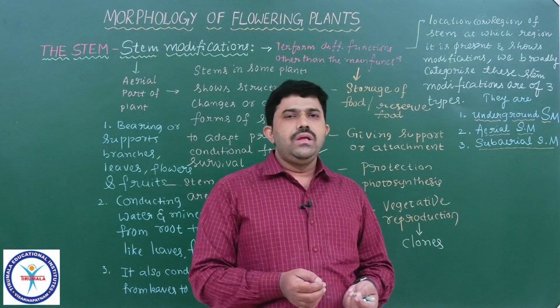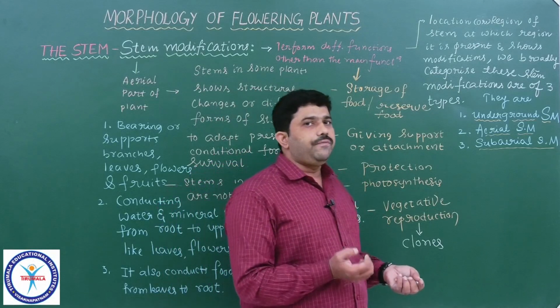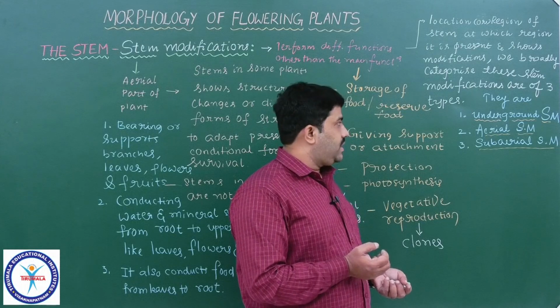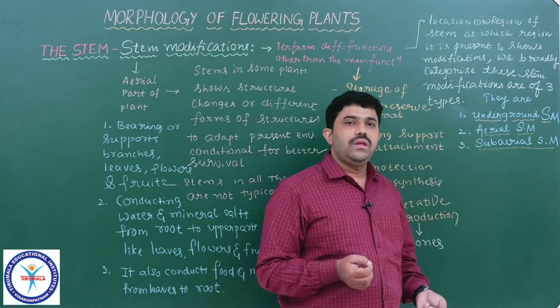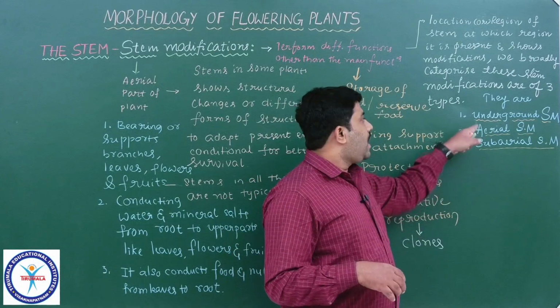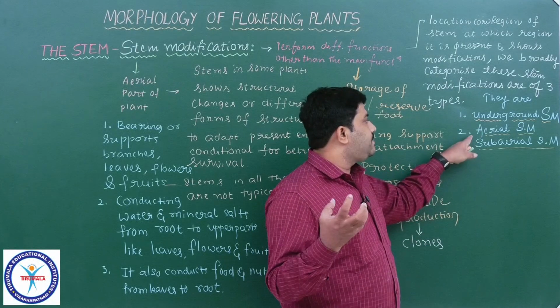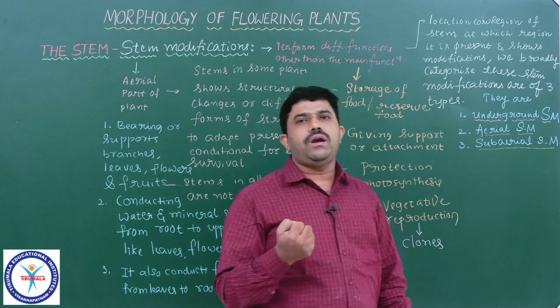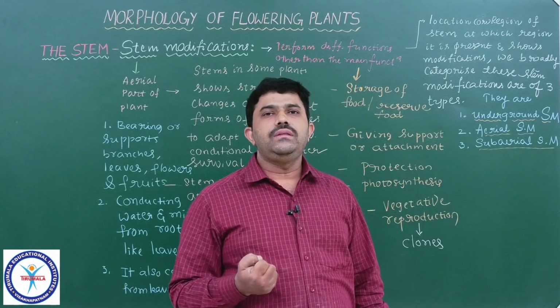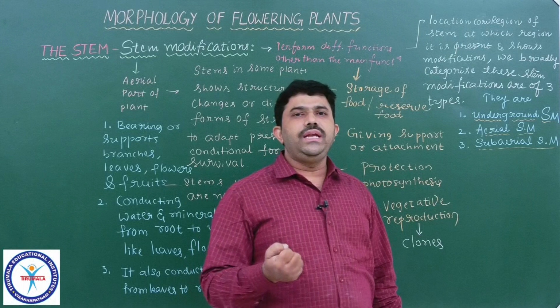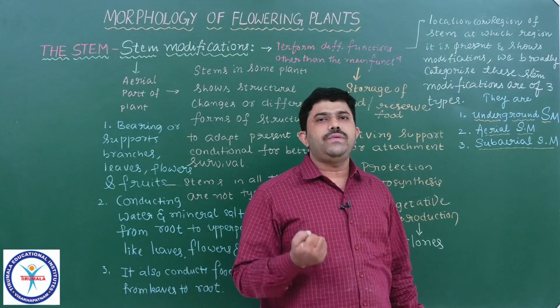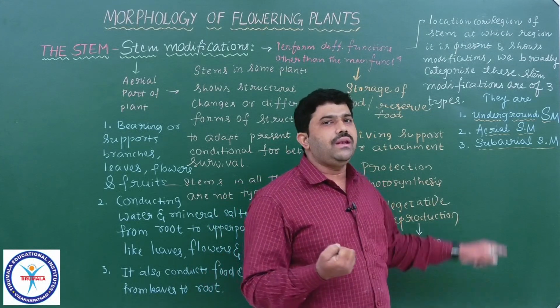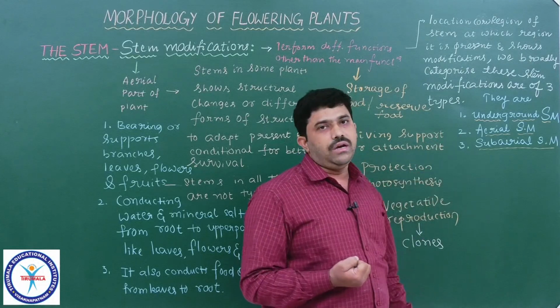But here some types of stem modifications are given. Understood? Some types of underground stem modifications, some types of aerial stem modifications, some different types of subaerial stem modifications are given in our syllabus. So we need to discuss all the different types of modifications given for each type of stem modifications.